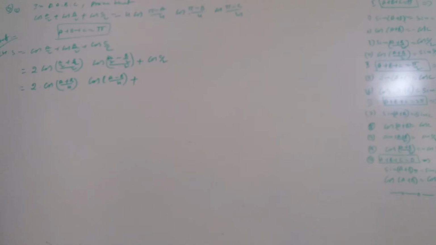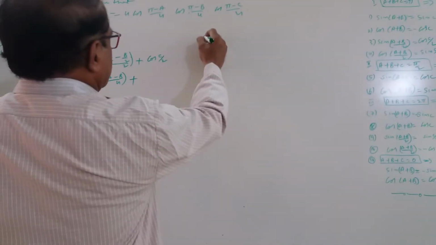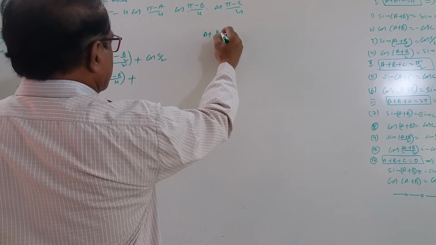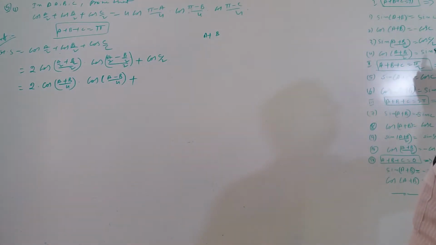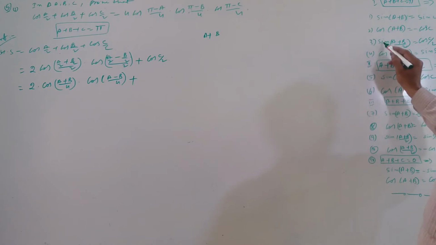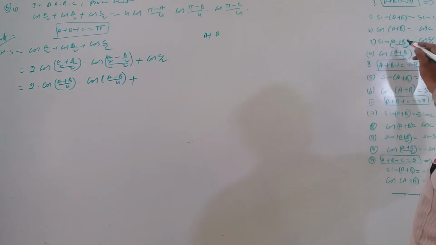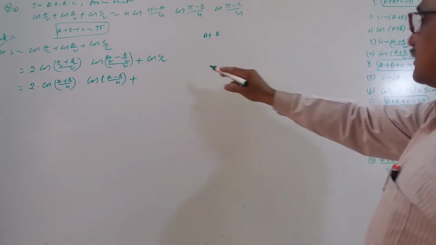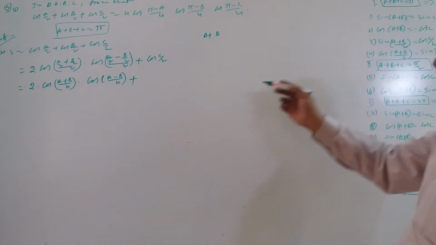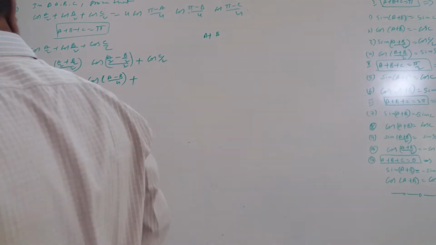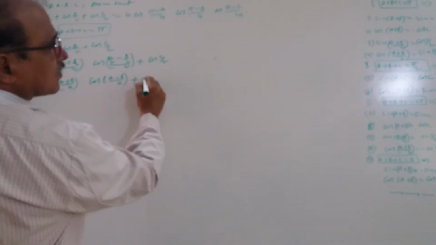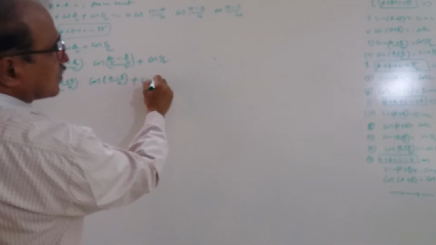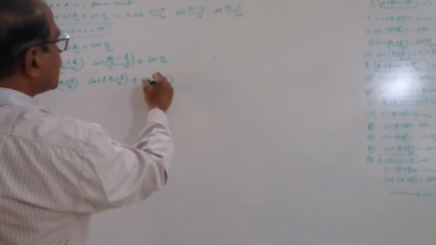If A plus B plus C is equal to pi, then cos C by 2 can be written as sin (A plus B) by 2. Already I explained this in the formulas.